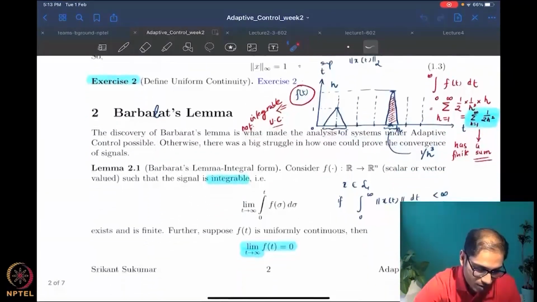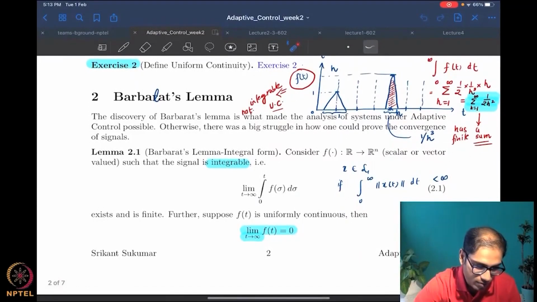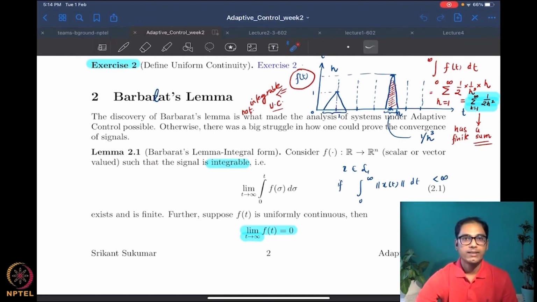We then studied one version of Barbalat's lemma, which is one of the very key lemmas for analysis of adaptive systems. Without Barbalat's lemma, there is almost no hope of doing any adaptive systems analysis.